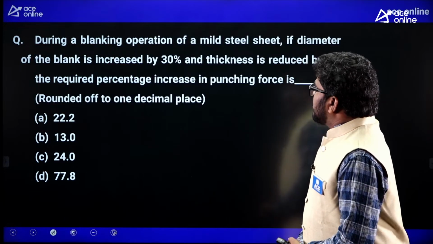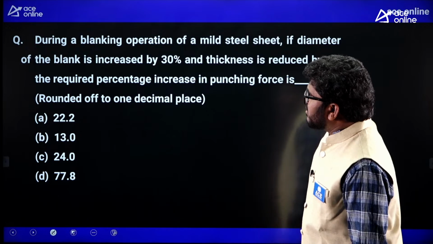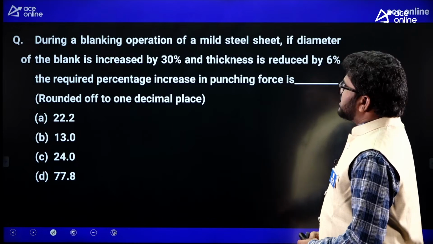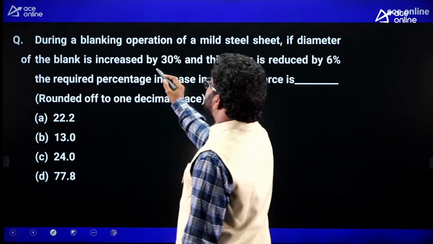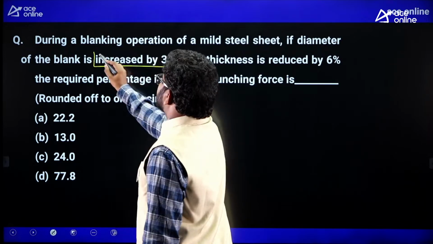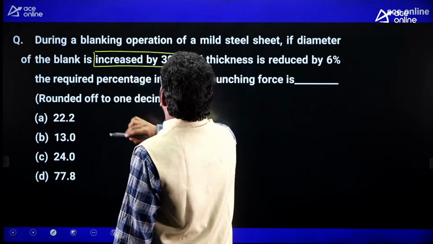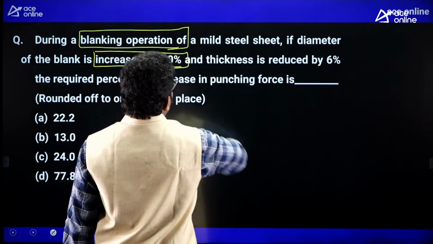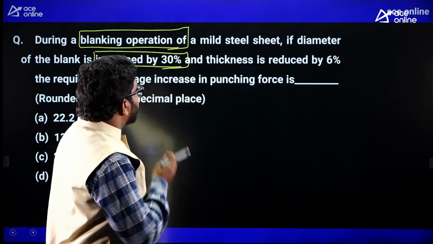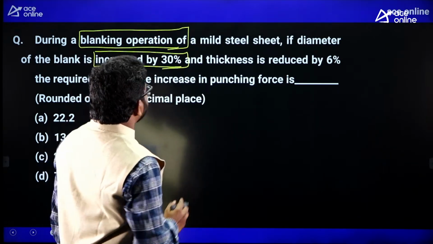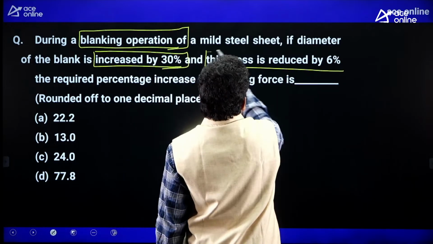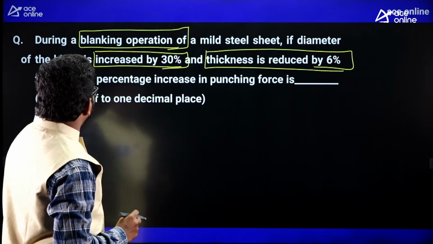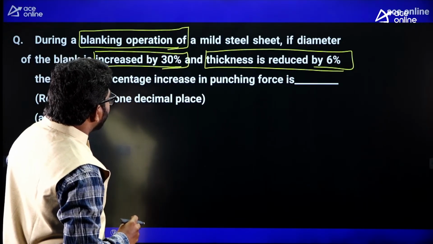Next, another question. Now see here, during a blanking operation of a mild steel sheet, if the diameter of the blank is increased by 30%, remember it's a blanking operation, the diameter of the blank is increased by 30%, and thickness is reduced by 6%, then what is the required percentage increase in punching force?